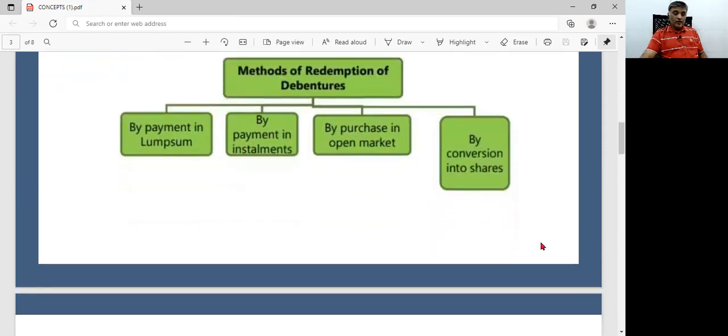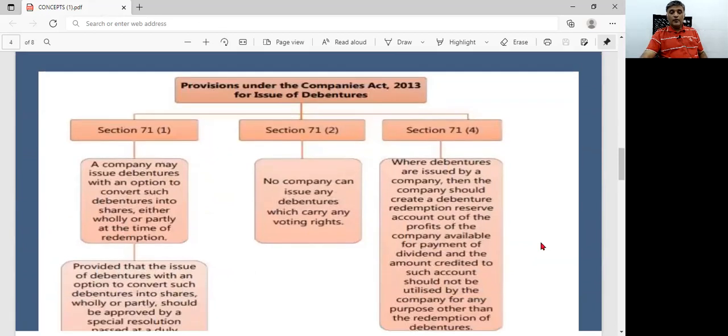All right. Now let's look at the provisions of the Companies Act 2013 regarding the issue of debentures. Even though we are talking about redemption, there are a couple of points when you issue debentures that have a direct implication on the redemption part also. Let's talk about section 71(1).